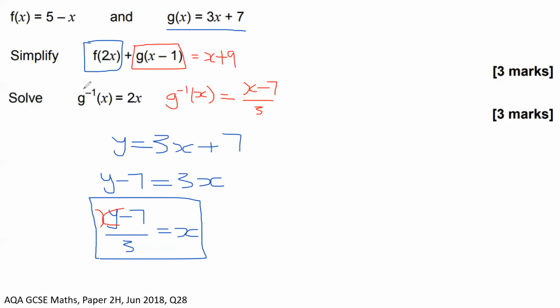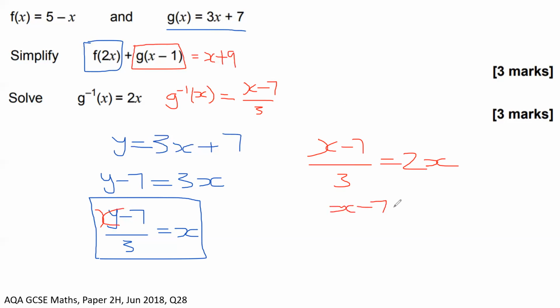So now we've been given this equation that g to the minus 1 of x, or the inverse function of g, equals 2x. We can now start to solve this just as we would a normal equation. We can set this equal to 2x. So if we have x minus 7 all over 3 equals 2x. Now again, we'll times both sides by 3.